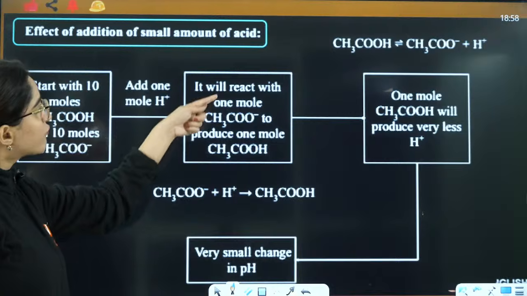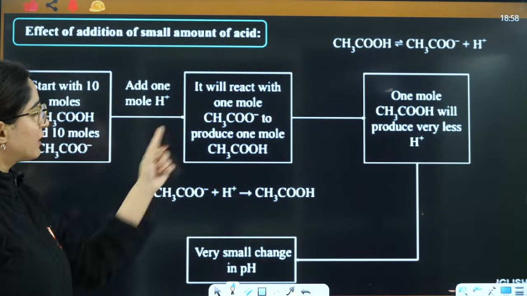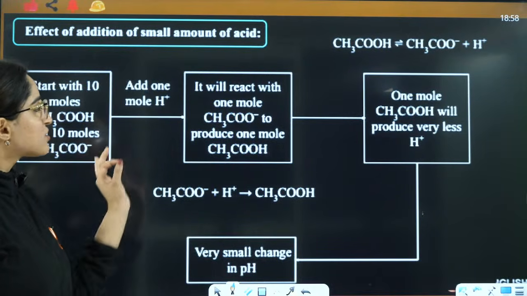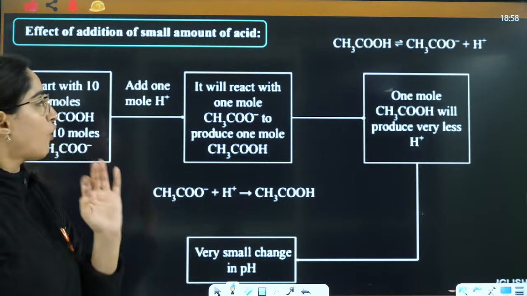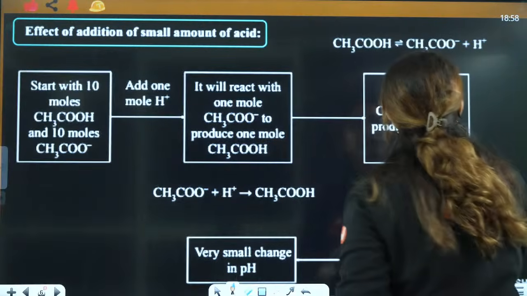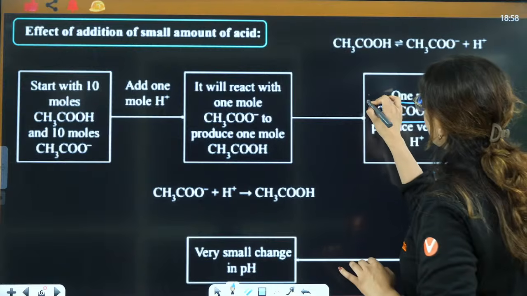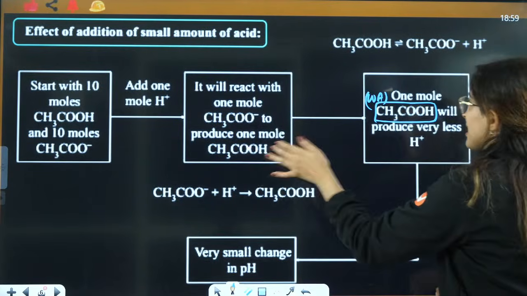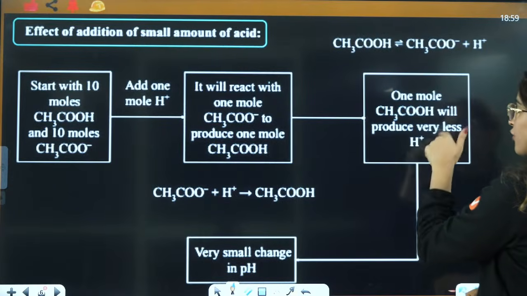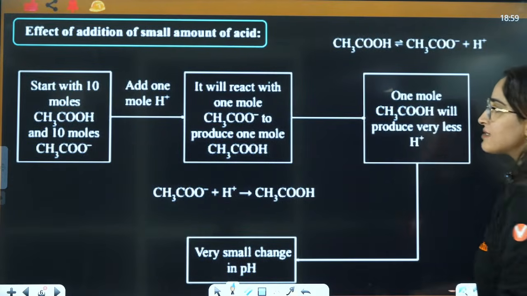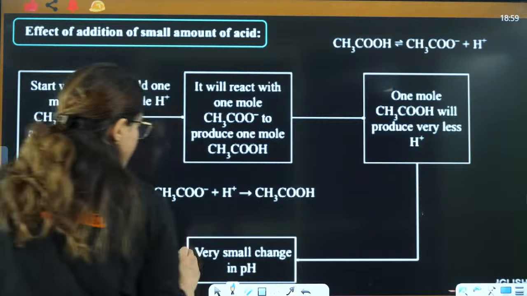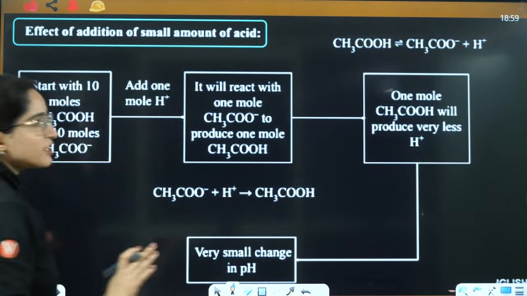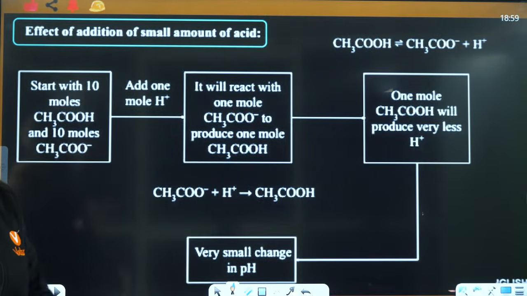If you have added 1 mole of CH3COO negative, then 1 mole of CH3COOH will be formed. This is a very weak acid, and the one that you have formed will produce a small amount of H positive, and that is the reason there is very small change in pH.